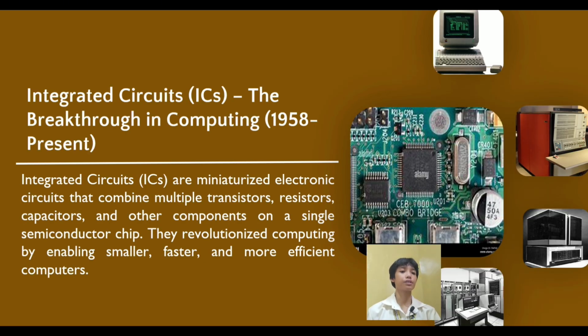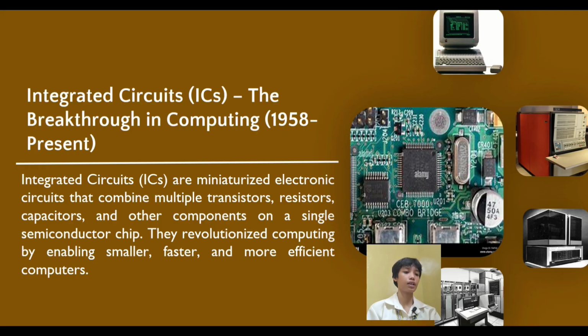And we also have here the integrated circuits or the ICs. So it is called the breakthrough in computing, which is still happening nowadays and started in 1958 until the present. So integrated circuits are miniaturized electronic circuits that combine multiple transistors, resistors, capacitors, and other components on a single semiconductor chip.